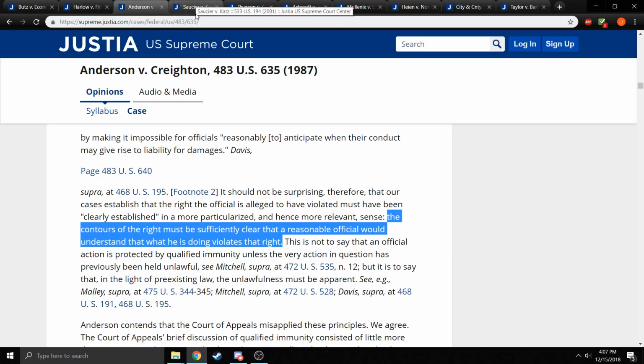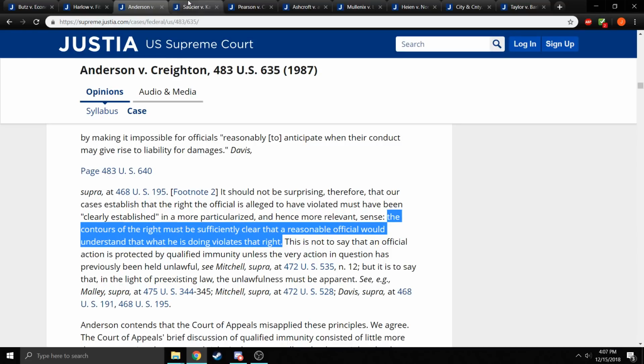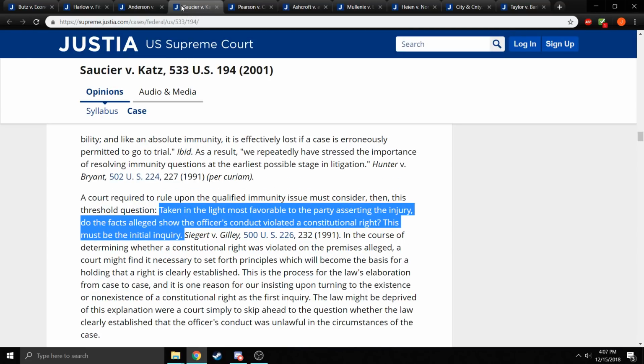So then Saucier adds to it, and they add in a first prong to now a two-prong test, because they got rid of the subjective standard. Now all they have is an objective standard. And the very first thing you have to look at is, taken in the light most favorable to the party asserting the injury, do the facts alleged show that the officer's conduct violated a constitutional right? That's the first thing they have to look at.